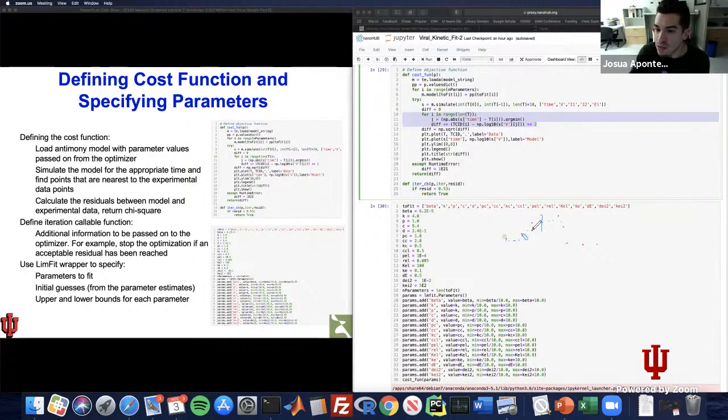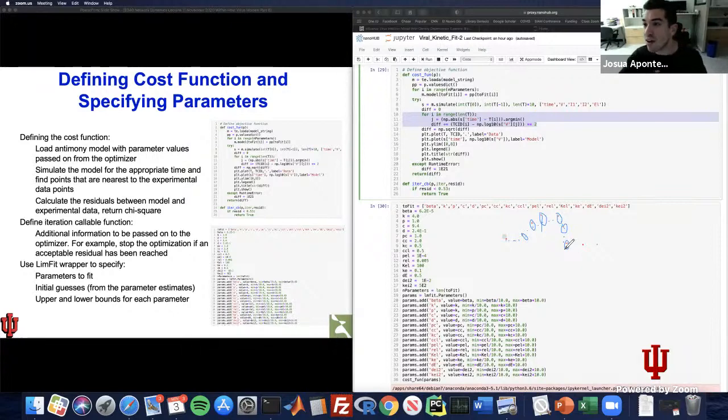This one is the closest, this one is the closest, this one is the closest. And then it's comparing the data to the model point that is closest in time, even if it's not exact.